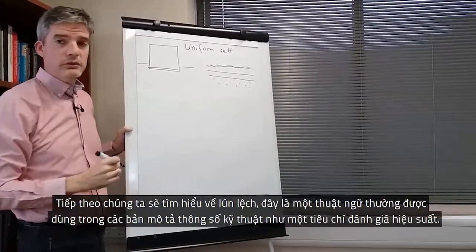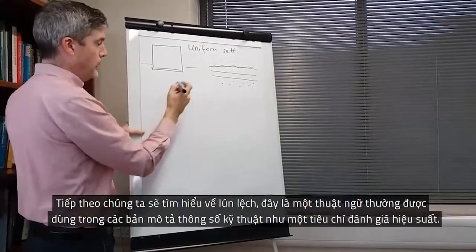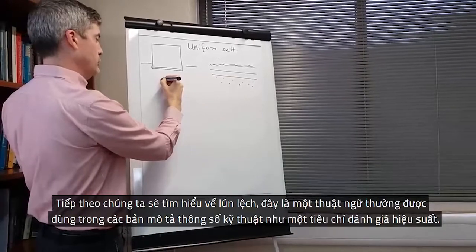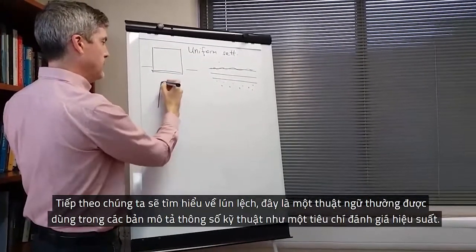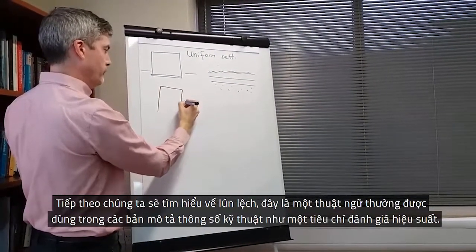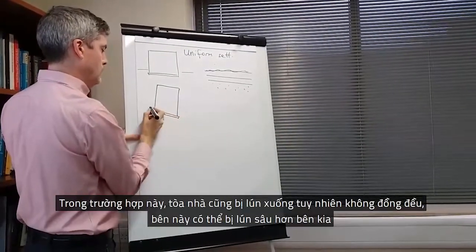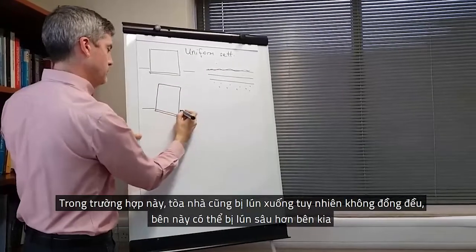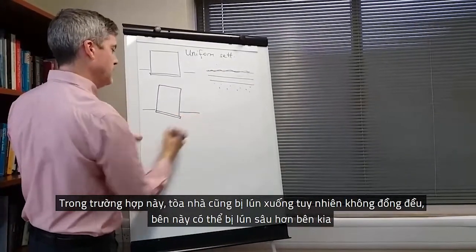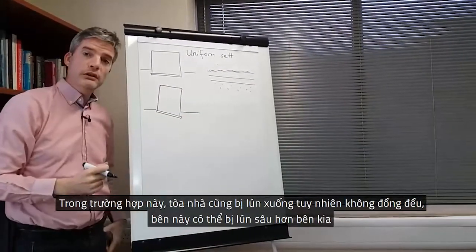Next, we come to differential settlement. And this is what is often quoted in specifications as a performance criterion. So here we have a building that has settled again, but this time not in a uniform way.